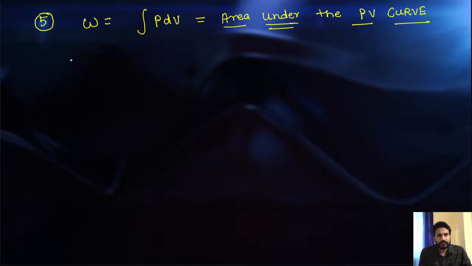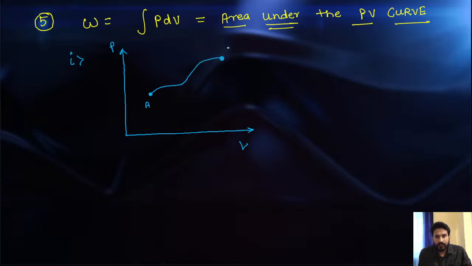Let's suppose I have a case. Just understand this thing, right? Let's suppose, guys, I have a PV curve like this. This is my P and this is my V, and this is my point A, and this is my point B, and the process is going from A to B, right?